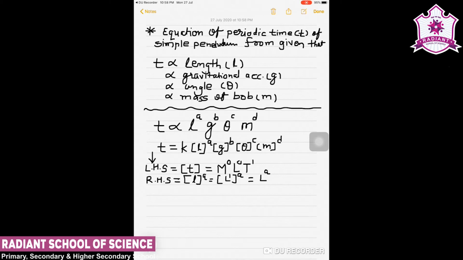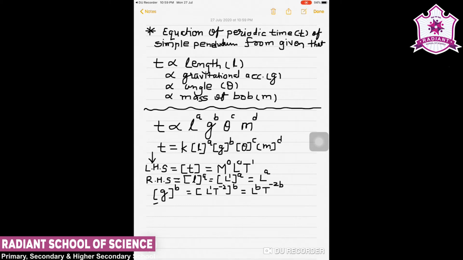Now g is gravitational acceleration. It has power b as per the equation. Its dimensional formula is L1 T minus 2, and to the power b. So we can simplify it and write L to the power b T to the power minus 2b. This is the manner in which it is written.